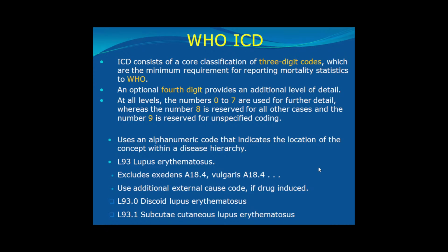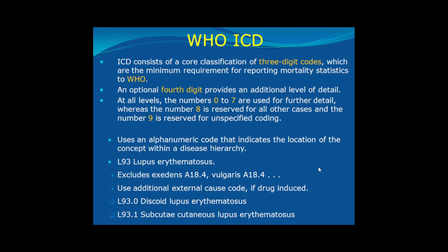For example, L93 is lupus erythematosus. Excludes: A18.4. Use additional external cause code if drug induced.